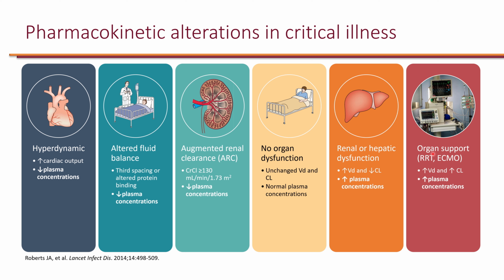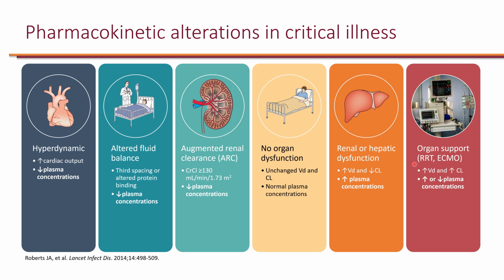And sometimes there is organ support. If there is renal replacement therapy or ECMO, you may have increased or decreased plasma concentration. For example, if someone is on renal replacement therapy, essentially the kidneys are not working, so you may have increased plasma concentration.